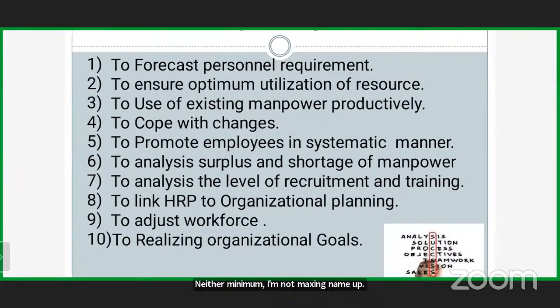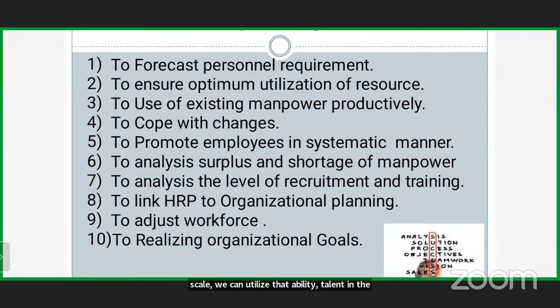People will not give that much effort towards the organization. With optimum utilization, we can utilize their knowledge, their skill, their ability, their talent in the organization.